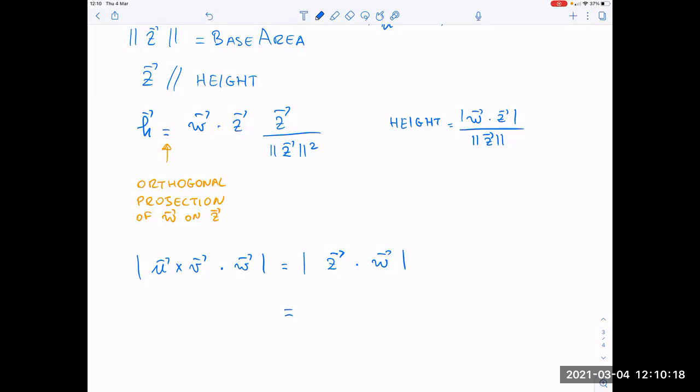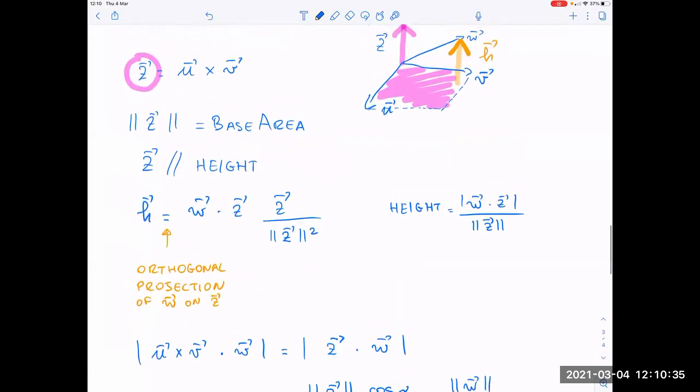Then I explicit this. This is the magnitude of z times the magnitude of w. And then in between, I have the cosine of alpha. What is alpha? I have to go here for a second.